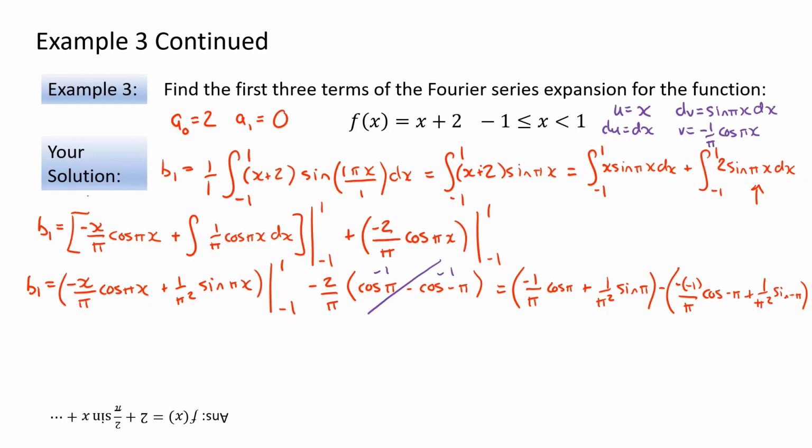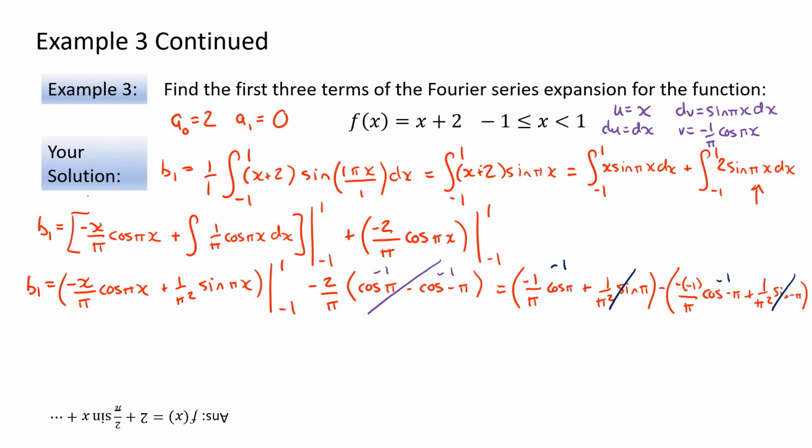So we have now just our remaining terms. Anything times sine of pi or negative pi, remember, is 0. So this term and this term will cancel. What we have left is cosine of pi, which is negative 1, and cosine of negative pi, which is negative 1. So we get negative times negative again. You saw that in a past example.